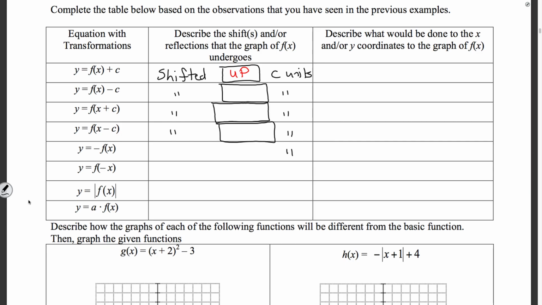So if we look at f of x minus c, which direction was it going to be shifted? Yeah, down. Down, right? Subtract c on the outside, shifts it down. Now, what's the difference between row 3 and row 1? It's inside the parentheses.